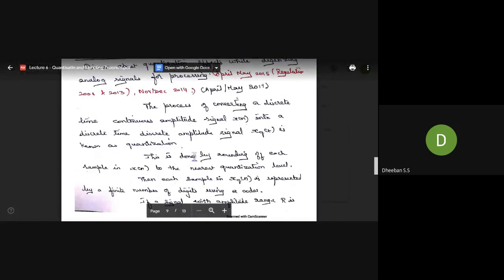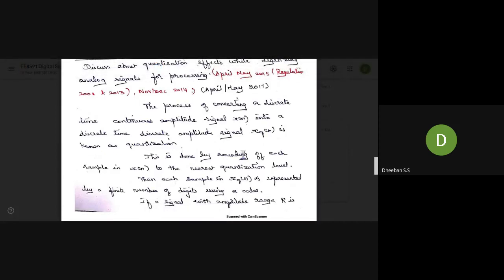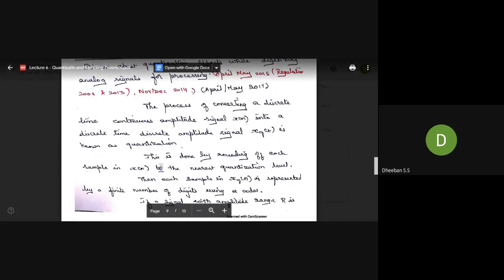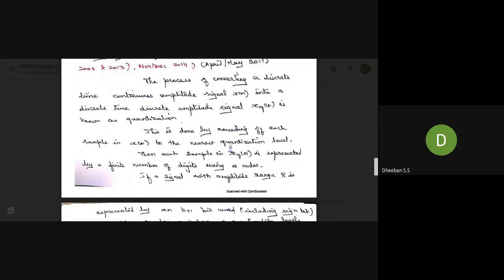How it is done: by rounding off each sample in x of n to the nearest quantization level. There is a particular level called the quantization level. If the sample falls under that criterion, then the signal will be rounded off.